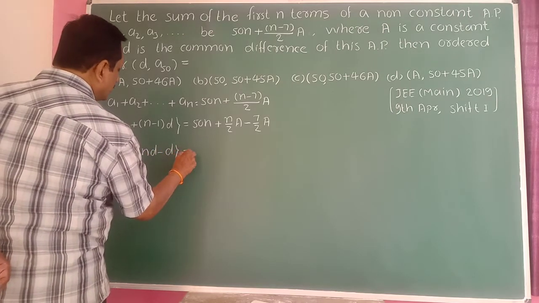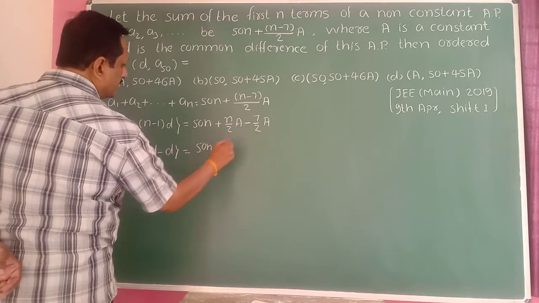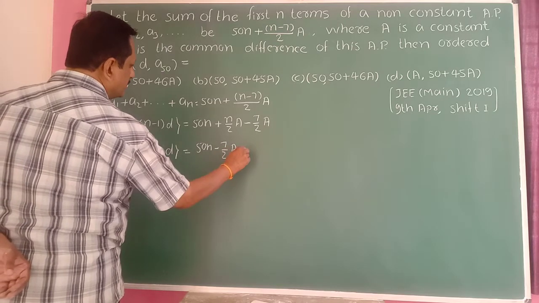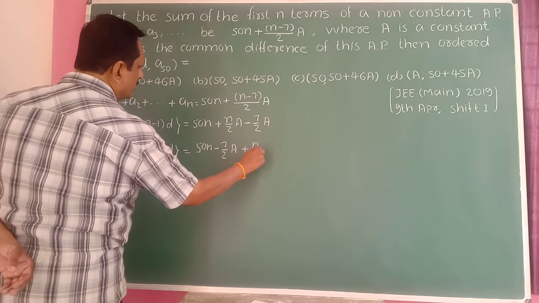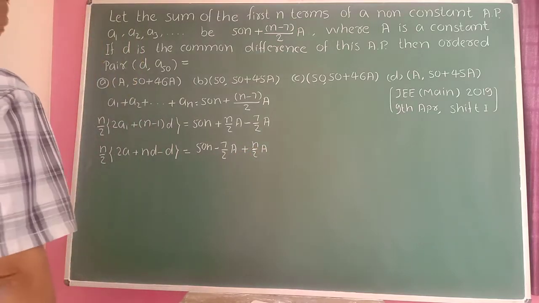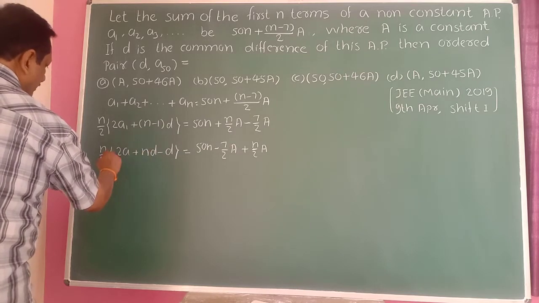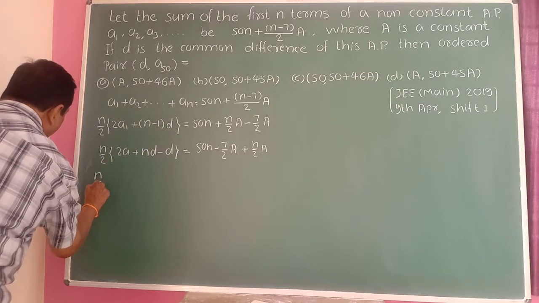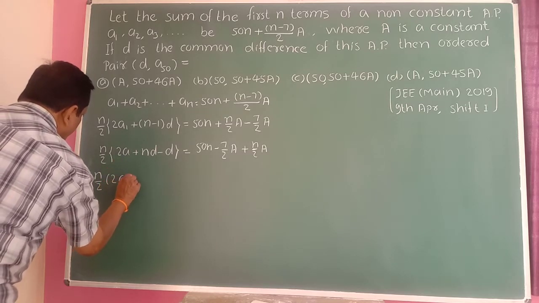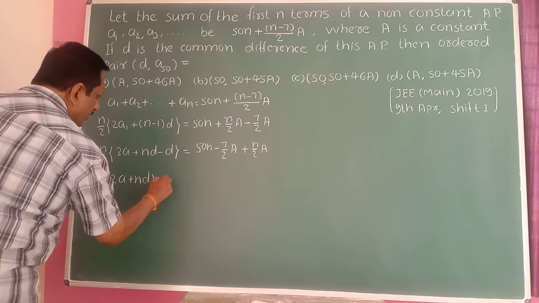Then this is equal to 50n here minus 7 divided by 2a plus n upon 2a. Therefore, take n by 2 inside: n divided by 2 into 2a plus n into d is equal to 50n.